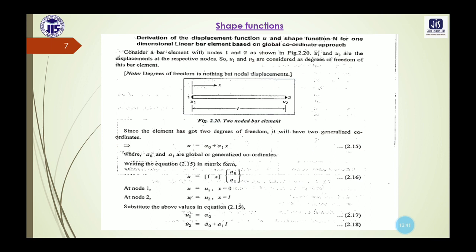Now if you put these boundary conditions in equation number 2.15, we get u1 equals a0, and u2 equals a0 plus a1L. So these are the equations 2.17 and 2.18 we get by putting in the boundary conditions.